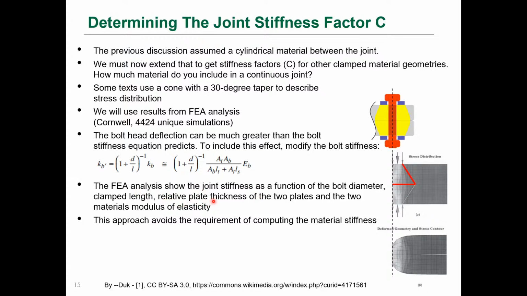the FEA analysis used as an input the bolt diameter, the clamped length of the joint, the relative plate thickness of the two plates, and the two materials' modulus of elasticity.